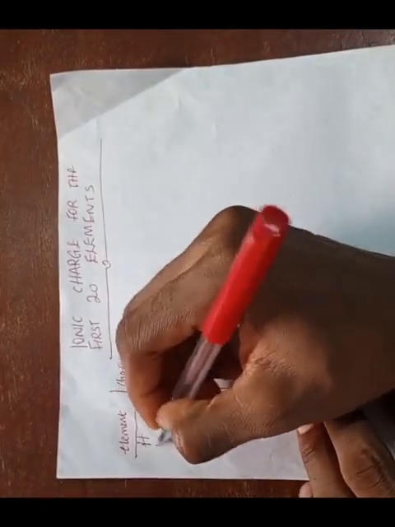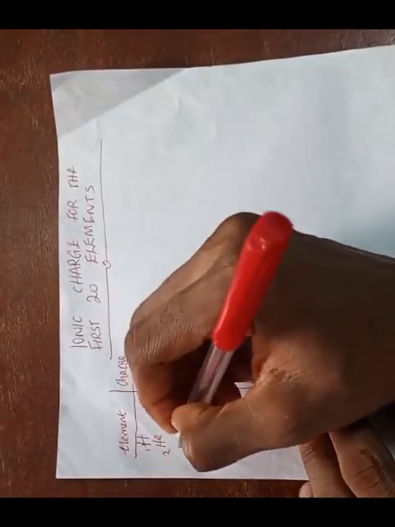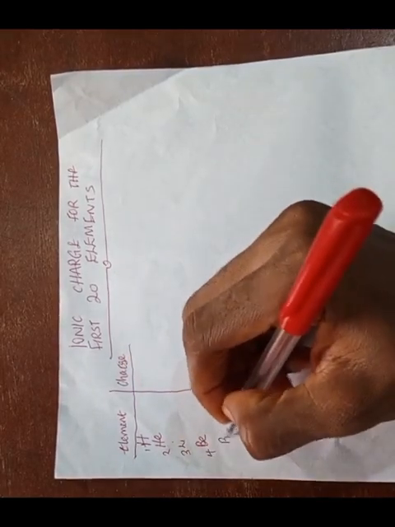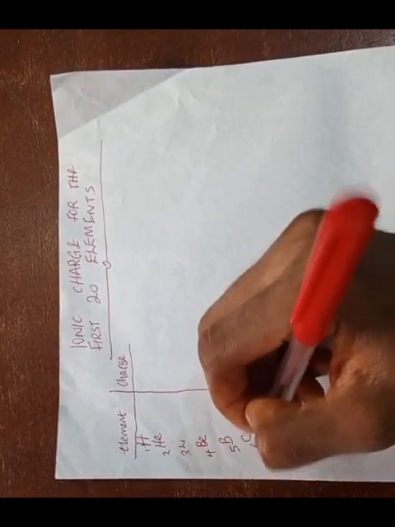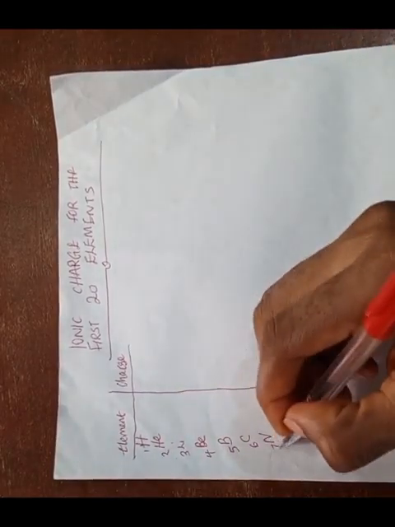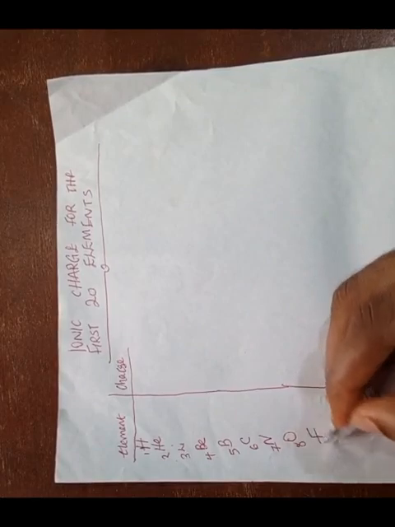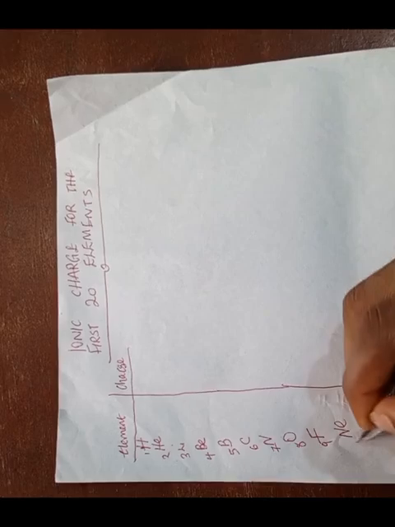Hydrogen, helium, lithium, beryllium, boron, carbon, nitrogen, oxygen. The next ones, you have fluorine, neon.